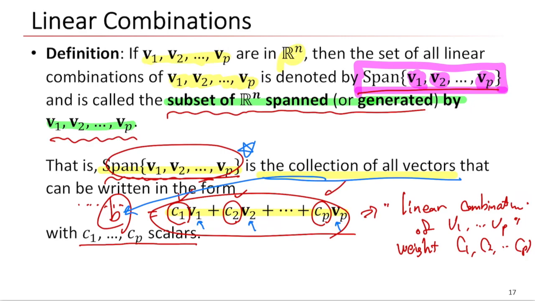The span was the collection of all vectors that can be represented in a form like this: C1 times V1 plus C2 times V2 plus through CP times VP. This is the linear combination of the vectors with the weights C1 through CP. So this is the definition of the span.